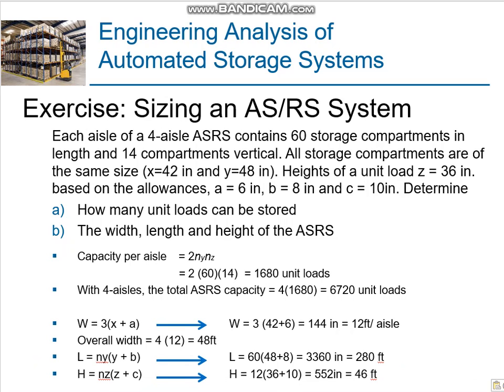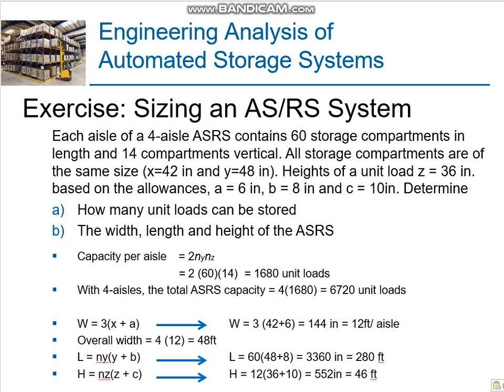In this exercise, the total capacity per aisle is 1,680 unit loads, and with 4 aisles, the number of unit loads that can be stored is 6,720.